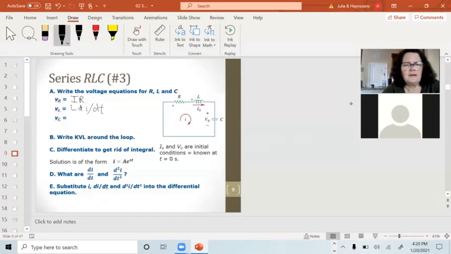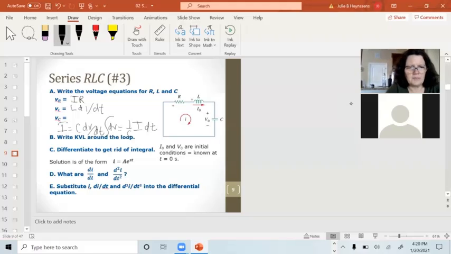Now the voltage across a capacitor is going to be a little trickier, because we know I equals C dV/dt. I would have to multiply both sides of the equation by dt, I get I dt, and then divide by C, we want V, so (1/C) I dt equals dV.